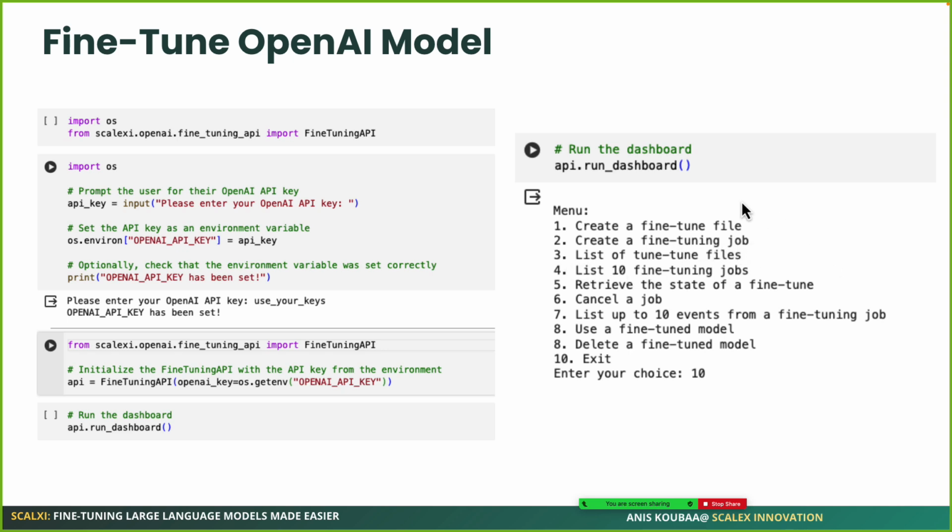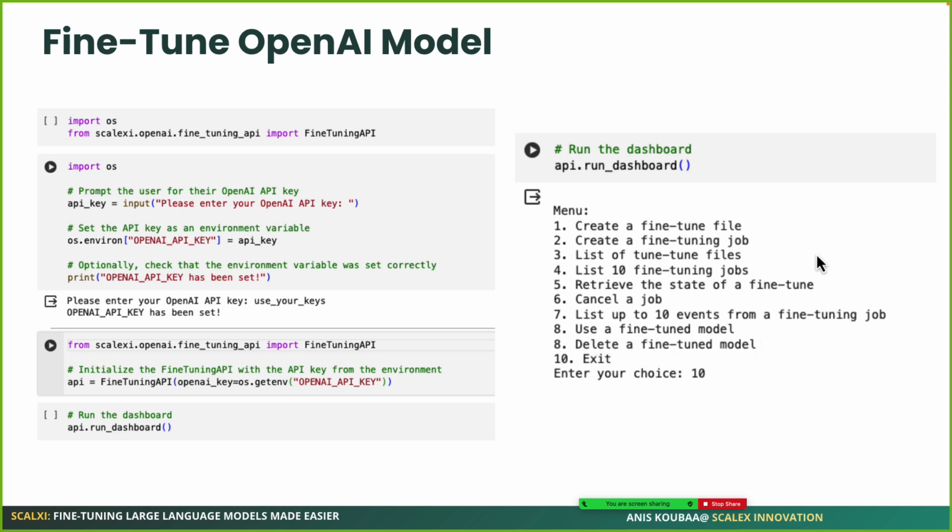I also put here all the available functionalities provided by OpenAI, for example, to find the list of fine-tuning files, list the fine-tuning jobs, retrieve the state of a fine-tuned job, cancel a particular job, list up to 10 events from a fine-tuned job, and delete a fine-tuned model or use a fine-tuned model.